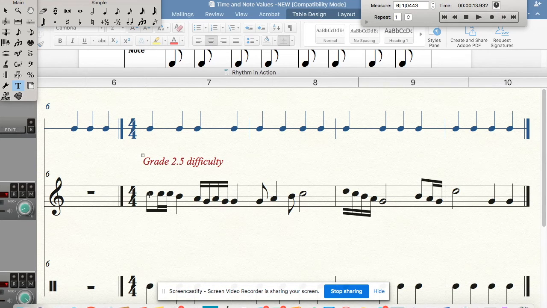So, 1 and a 2, 3 and a 4, 0.5, 1, 0.5. Now, normally you're used to seeing this 1, 0.5, 0.5. But instead, they split the eighth notes on either side of the note. We'll talk about subdivision two more videos down the road from now.